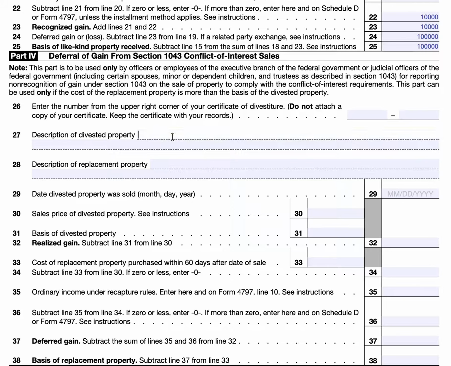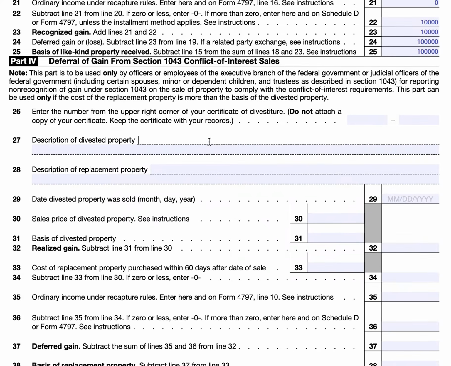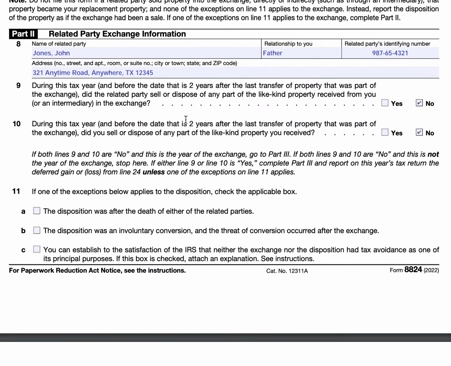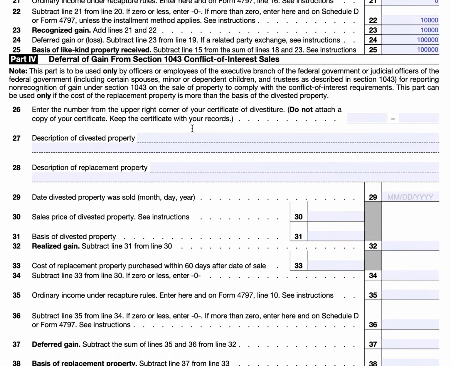And then your description of the divested property and the description of the replacement property should look very similar to your property descriptions right here. Then you would enter the date that the divested property was sold, the sales price of the divested property, and the basis of the divested property.